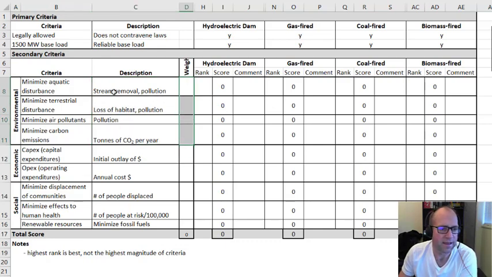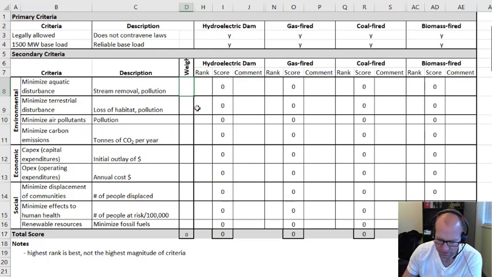And so now within that, we can say maybe minimizing disturbance and minimizing carbon emissions are worth a little bit more than the others. Let's call those worth 10. And let's call those worth 10. And if we say minimizing terrestrial disturbance and minimizing air pollutants are sort of equal to each other, this will add up to 34.